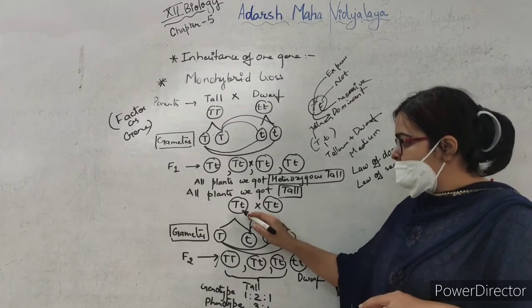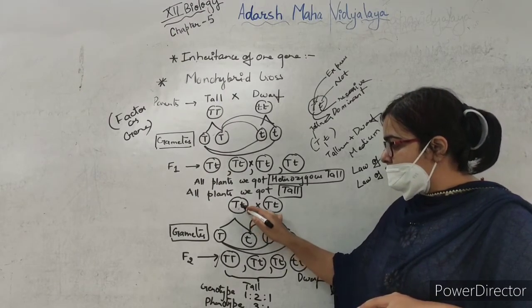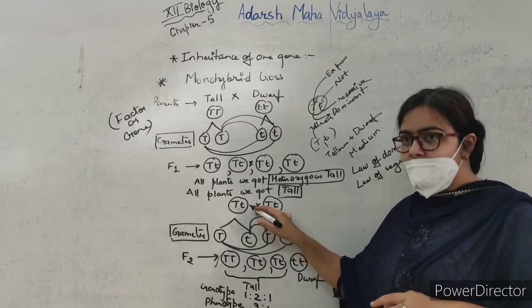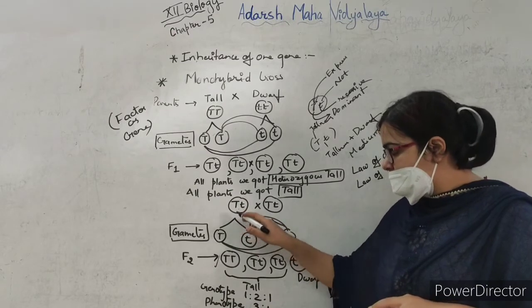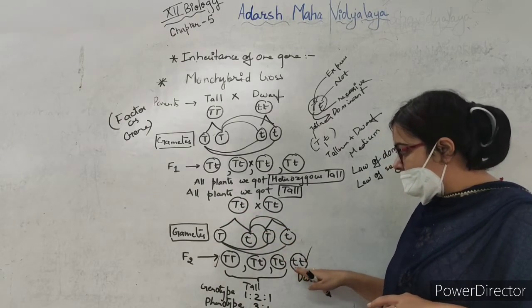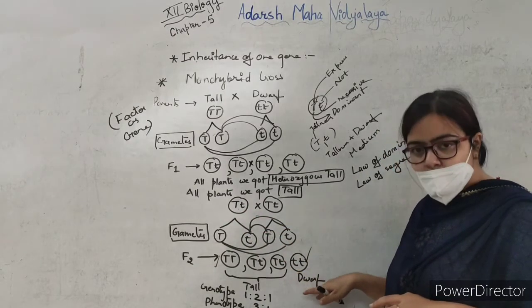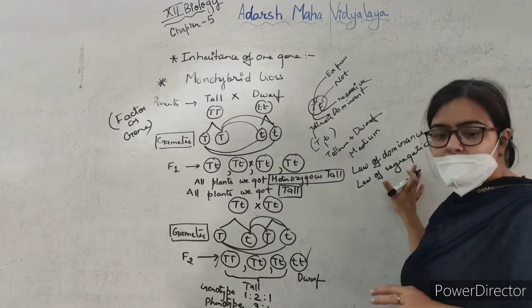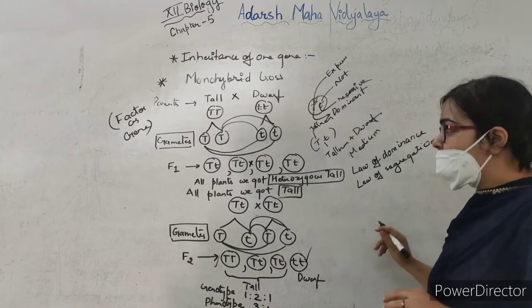This was because when they were together, they were not mixed with each other, they were not blended with each other, and they separated from each other, and again when they came together they showed the parental type. So this is the law of dominance and law of segregation.